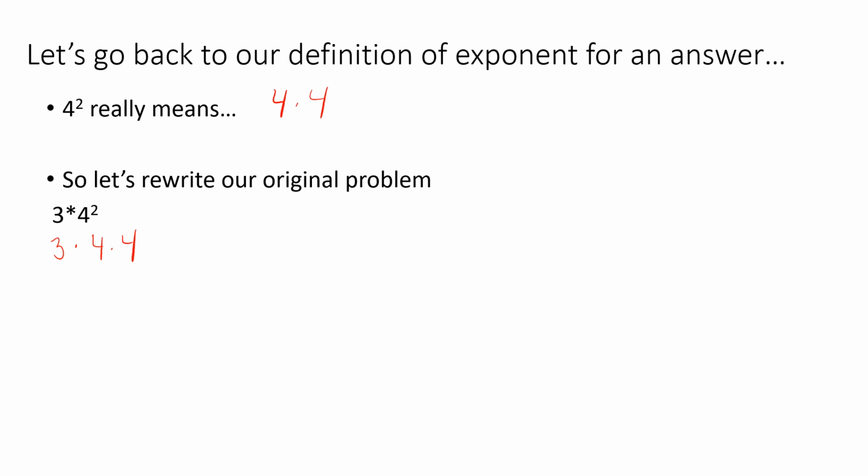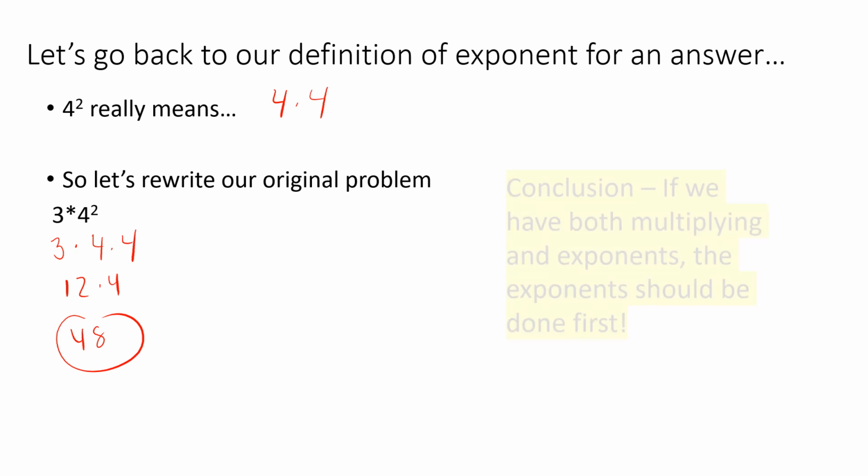So I could do 3 times 4 is 12, and 12 times 4 is 48. Or I could do what I did before with 4 times 4 is 16 times 3 is 48. Either way, 48 was the correct answer, not the 144. So there's really no debate about that.